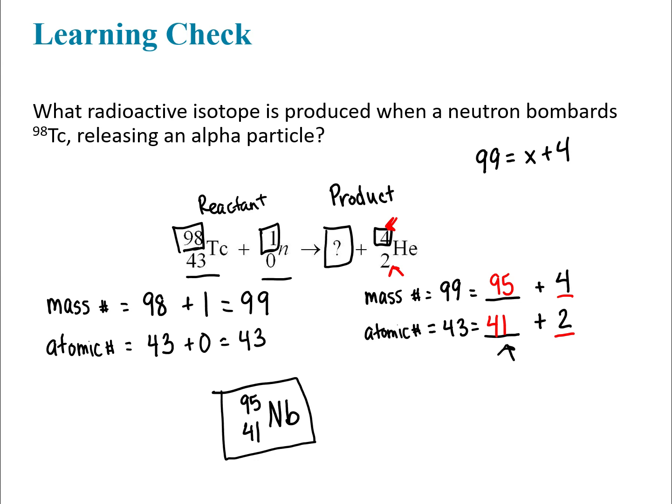Questions, comments, concerns? The key part is being able to figure out what your new mass number and new atomic number are for your new element if you're making a new element. But how do we feel? Better, worse, in terms of balancing these nuclear equations? Yes, what's your question?